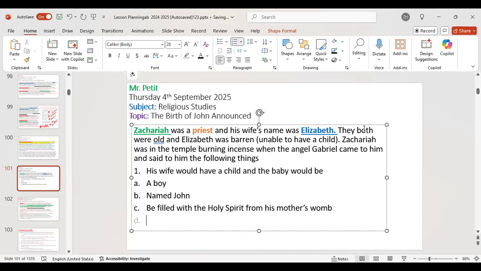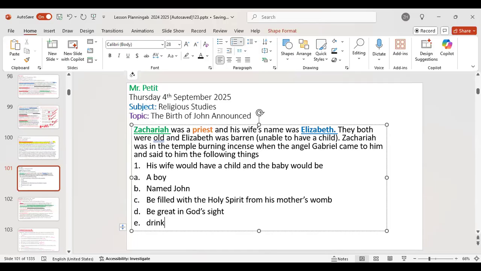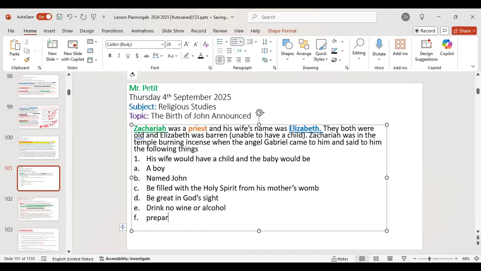Number two, he would be great in God's sight. He would drink no wine or alcohol, right? He would prepare the way for the Messiah.